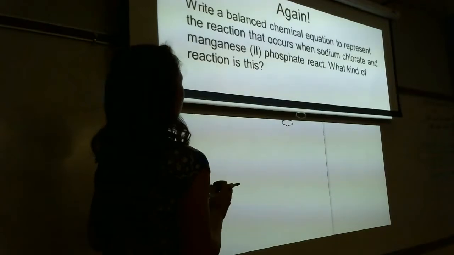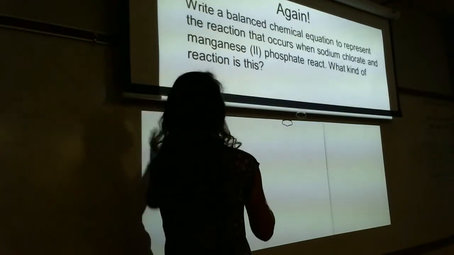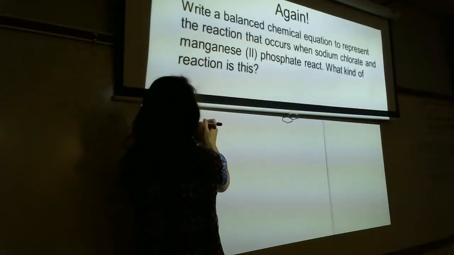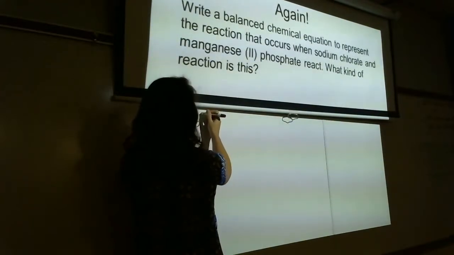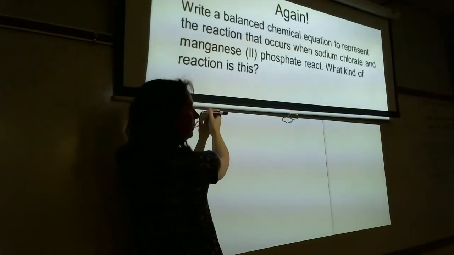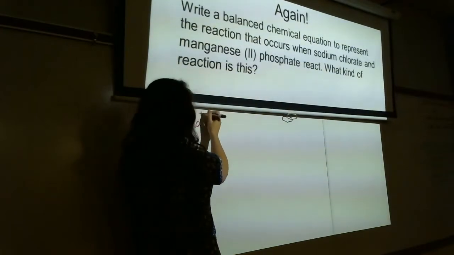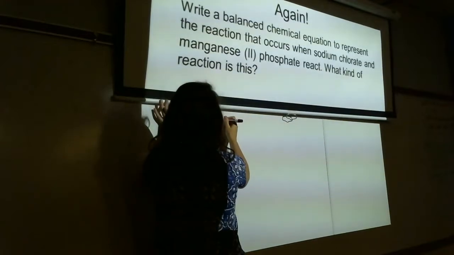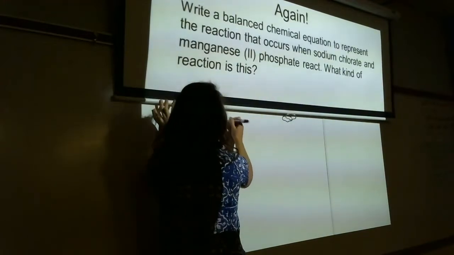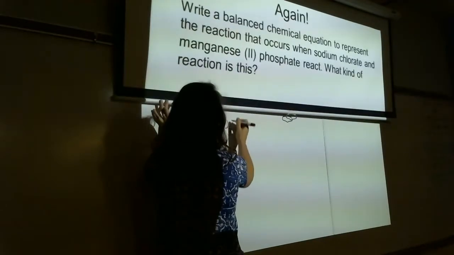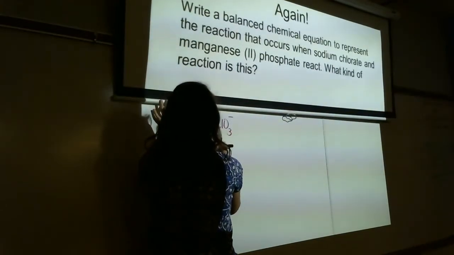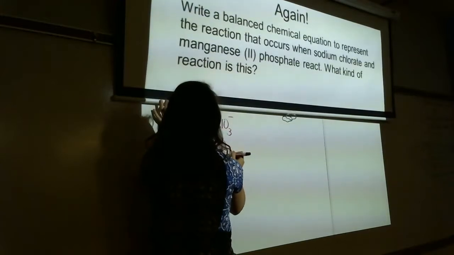So sodium chlorate comes from what sodium ion? Na, what charge? Plus, right? And chlorate, what's that? ClO3 minus. So when we crisscross those, that's just NaClO3, right?